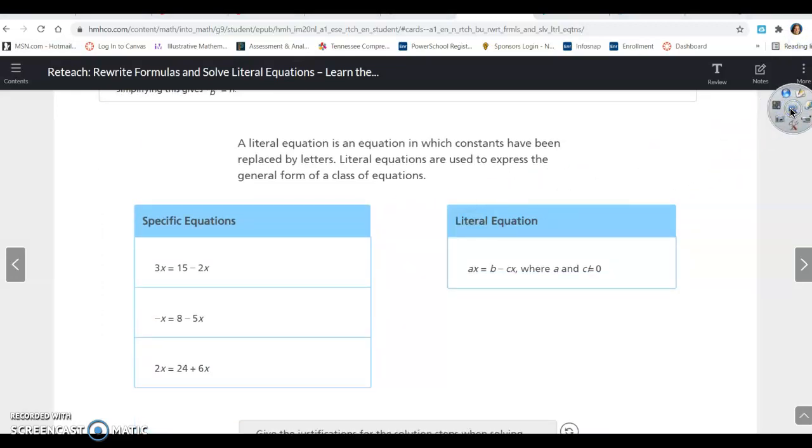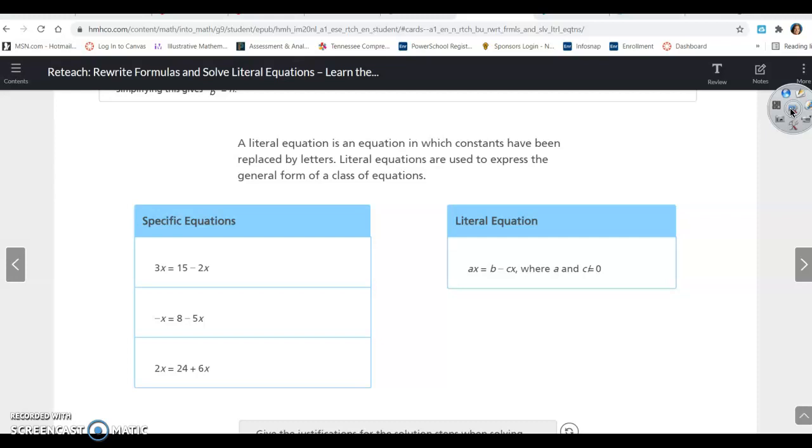All right, here's an important thing that you need to know. Where it says literal equation, this is something I would kind of jot down in your notes. AX equals B minus CX, where A and C are not equal to 0. Okay, so if you have a specific equation, like this equation, 3x equals 15 minus 2x, we're solving for x.